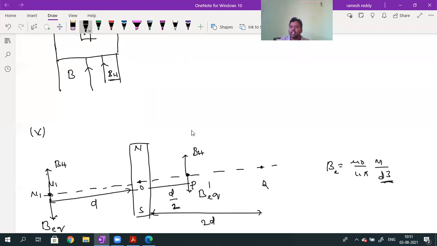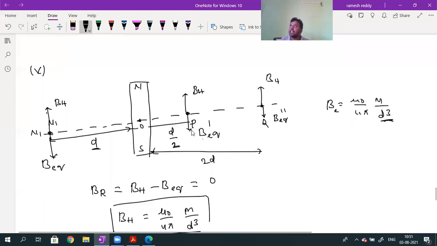When the distance is 2d, the horizontal component of the earth's magnetic field is BH, and the magnetic field due to the bar magnet I will write as B equatorial double dash. Whenever the distance is d, the B equatorial value equals BH. Whenever the distance is d by 2, the B equatorial value is more than BH. Whenever the distance is 2d, the B equatorial double dash value is less than BH. Now I want to calculate the resultant magnetic field induction at which point? At point Q.